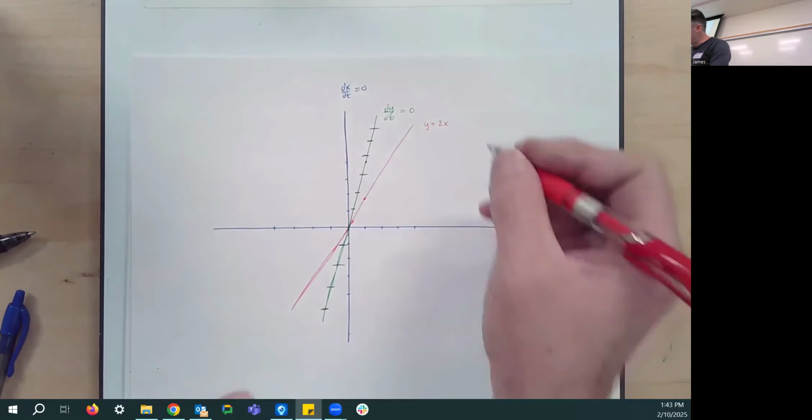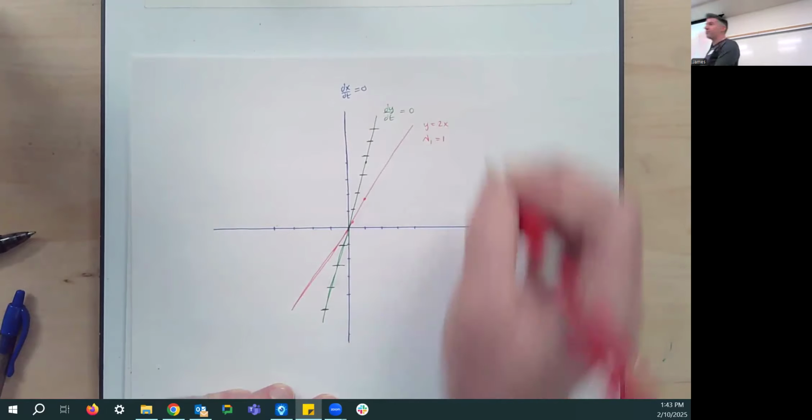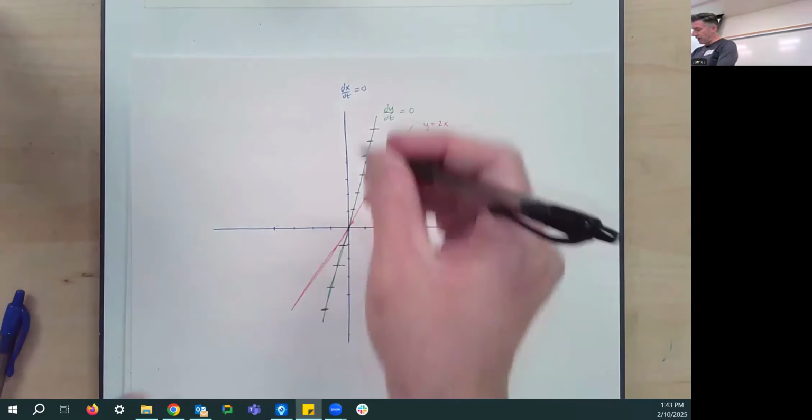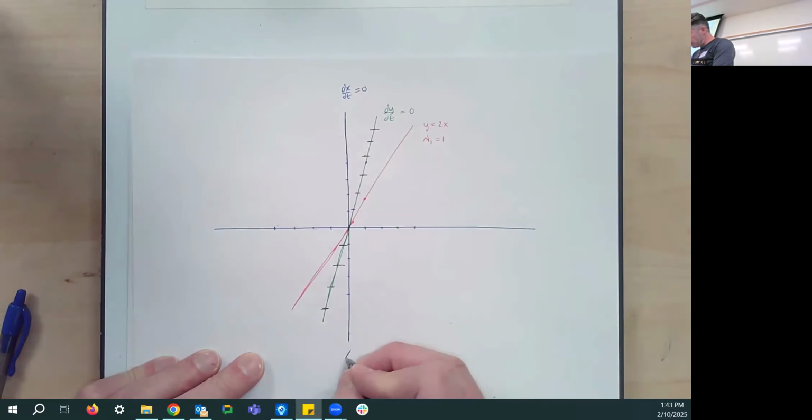This one corresponds to lambda 1 equal to positive 1. And this eigenline here, which is the same as this null line, is x equal to 0, and it corresponded to lambda 2 equal to negative 1.